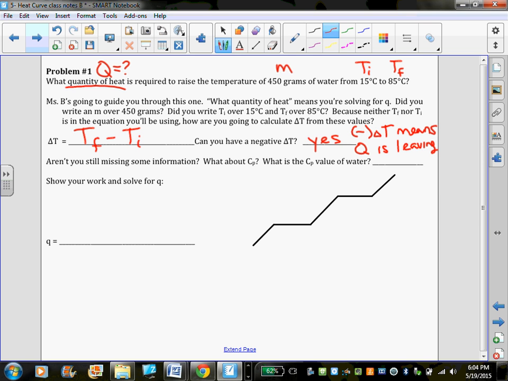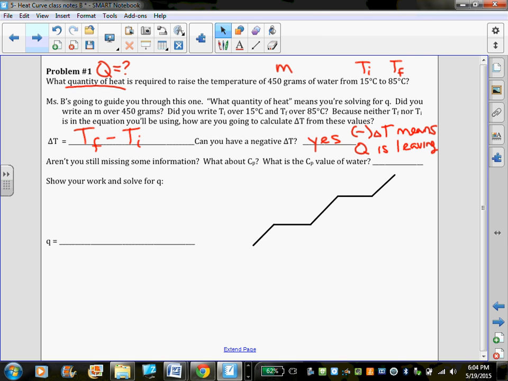So other things that we need to know in order to solve this problem. Do we know the specific heat of liquid water? It's not given to us in the problem, right? I don't see it anywhere in that sentence. But again, this is kind of a review of what we did first semester. You guys remember first semester that I asked you to memorize the specific heat of water. It was not going to be given to you.